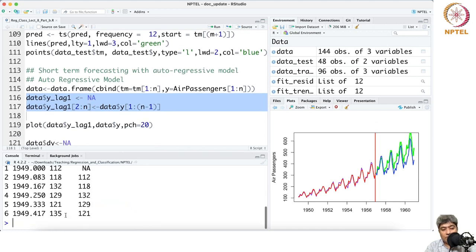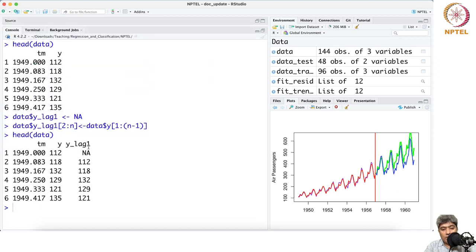So if it is 112 in February of 1949, the lag is 112, and it is kept here. If 132 is the value for March, then 112 is the lagged value, and that is kept here. Similarly, 132 is kept here. That's how you create the lag variable.